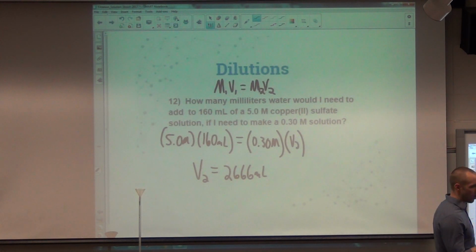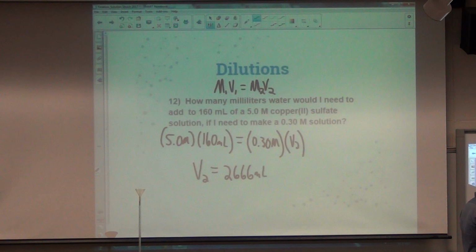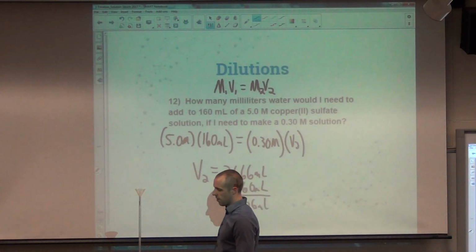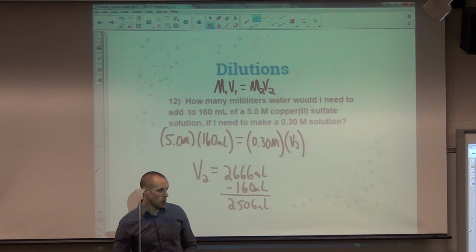So if I want to figure out how much water I need to add to my 160, I just have to subtract the 160 that I started out with. So I would need to add 2,506 milliliters of water to my solution to dilute it from a concentration of 5.0 molar to 0.30 molar.